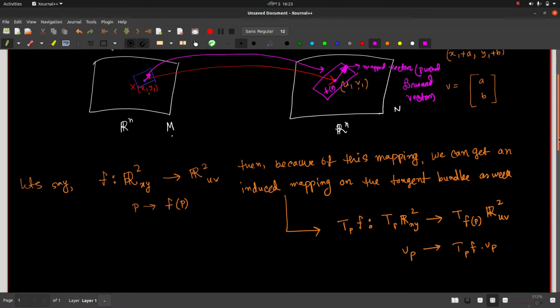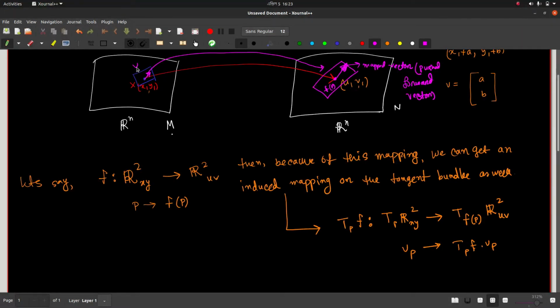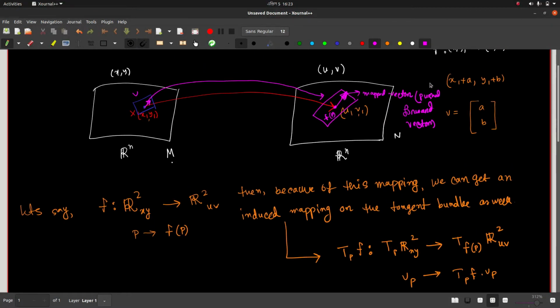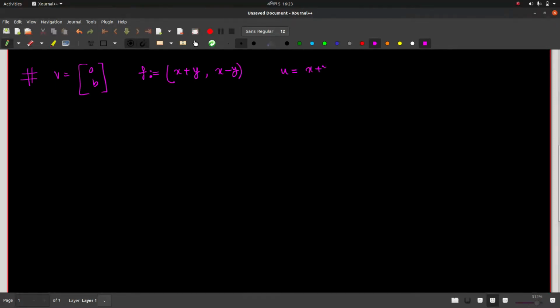And if you want to determine how a vector like v gets mapped into a push forward vector, first we have to consider how this function itself is taking the points from M and mapping them to N. So now first we want to consider that, let's say there is some vector v at a with components a and b, and let's say our function is such that u equals x plus y and v equals x minus y, right?